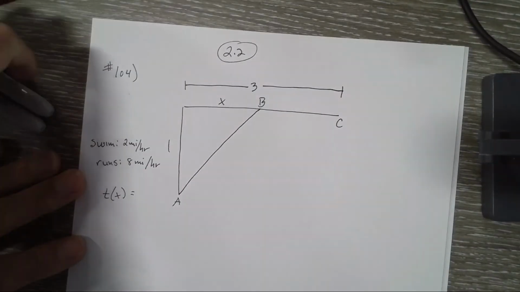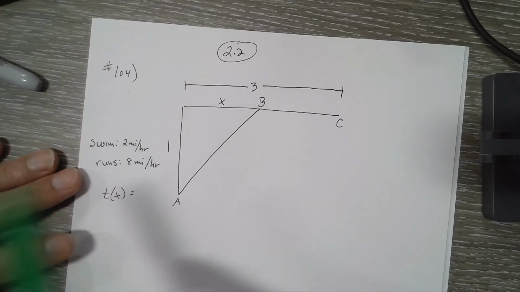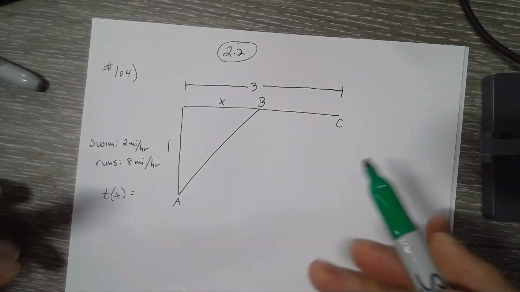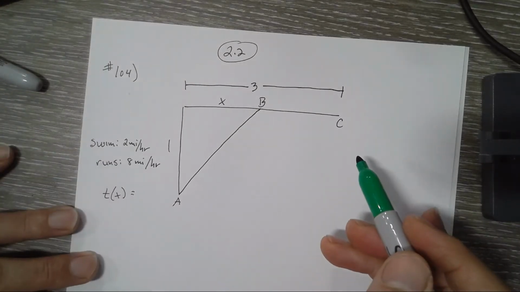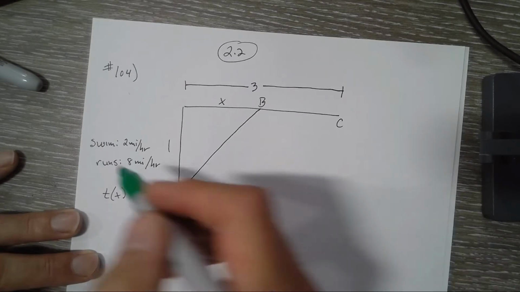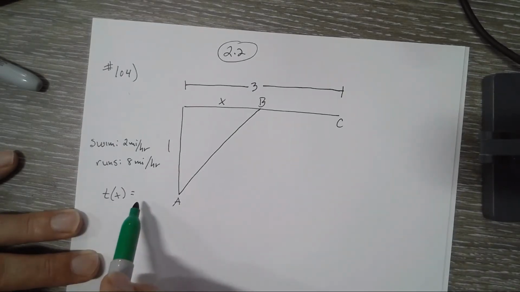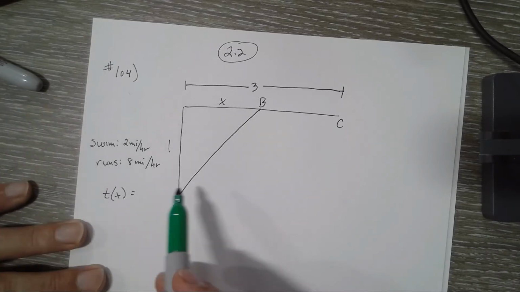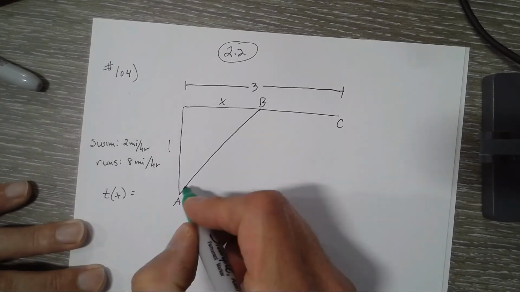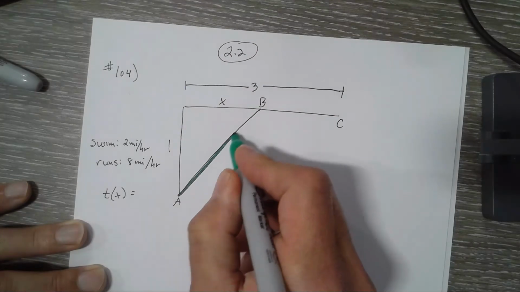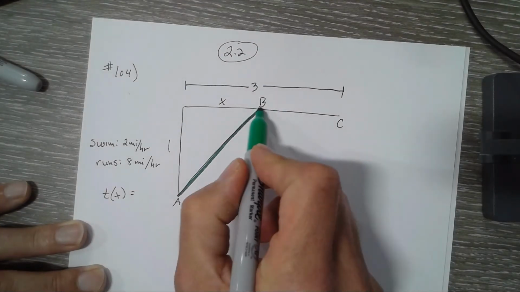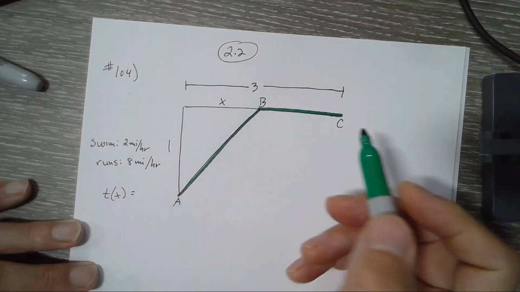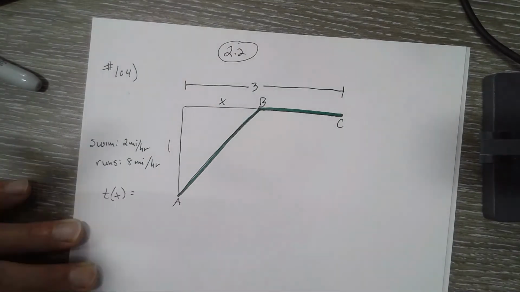Many of these story problems you will see again. This is another one where in calculus you'll have the same scenario. You'll have to write it as a function, and then after that you'll be asked to find the minimum or maximum of something. So this person is swimming to B and then running to C. So that is the path that this athlete swims.